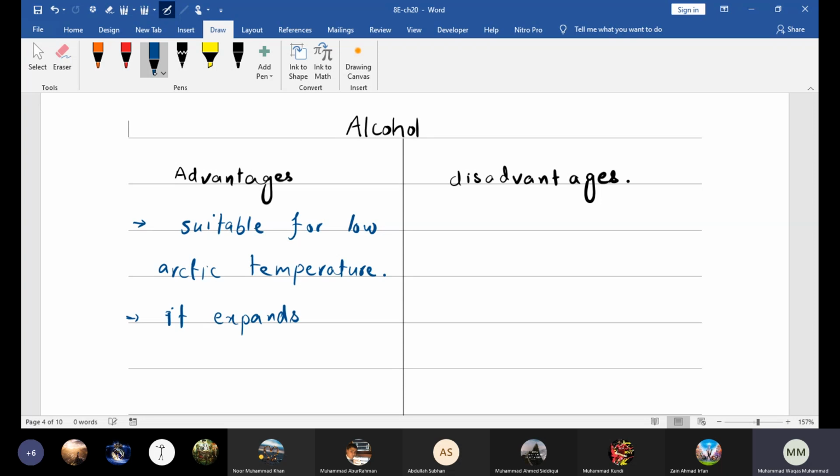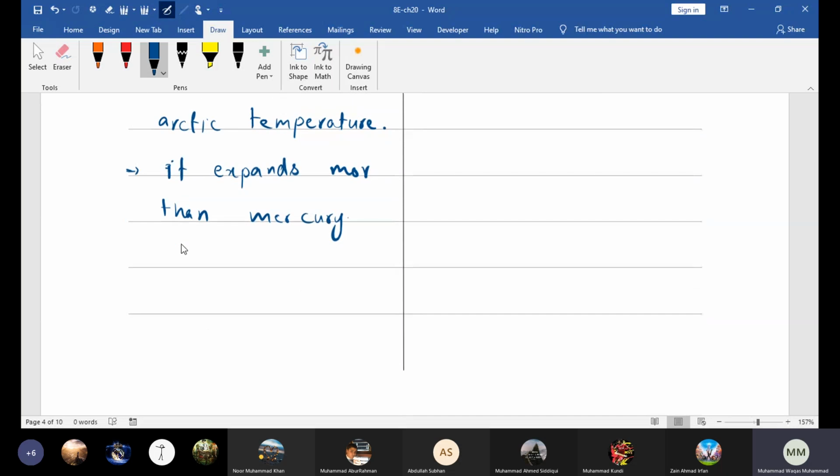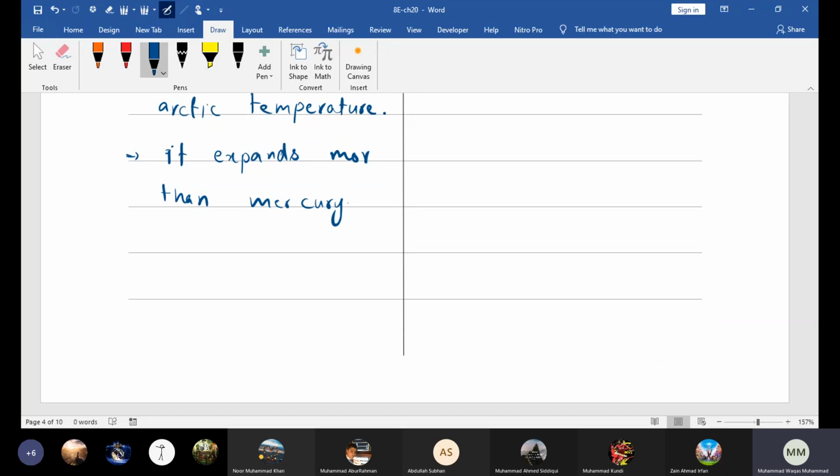It expands more than mercury. And beta, another advantage is that it's cheap as well as safe.